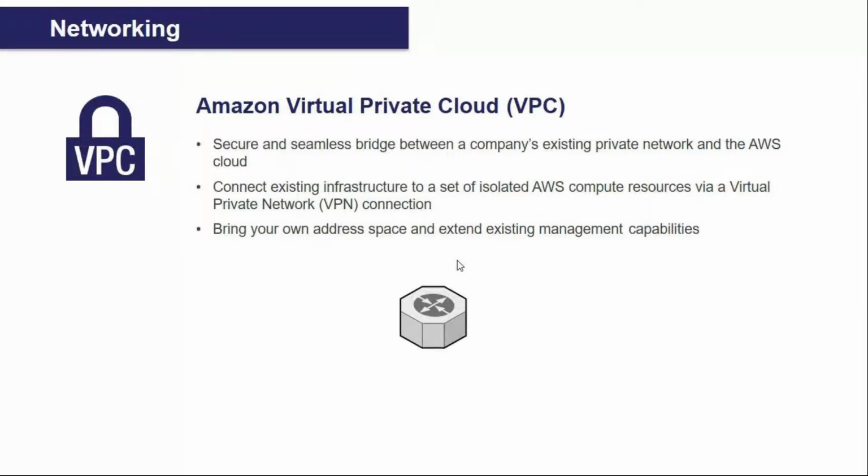With Amazon VPC, you can define a virtual network topology that closely resembles a traditional network that you might operate in your own data center. So you have complete control over the virtual network environment, including the selection of your own IP address range, creation of subnets, configuration of route tables, and network gateways, which we have just seen in our example today.